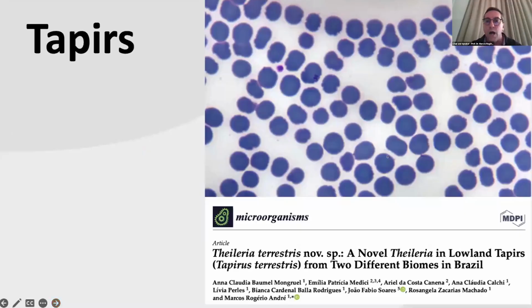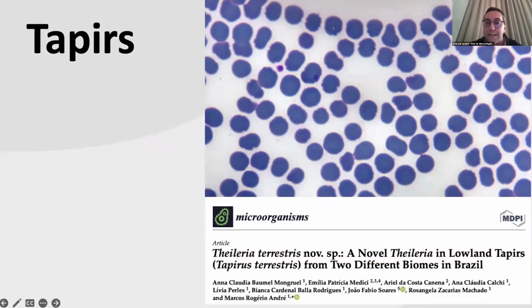So we collected blood samples from tapirs from two different biomes in Brazil, namely the Cerrado, which is similar to the African savanna, and the Pantanal, which is the largest wetland in South America.